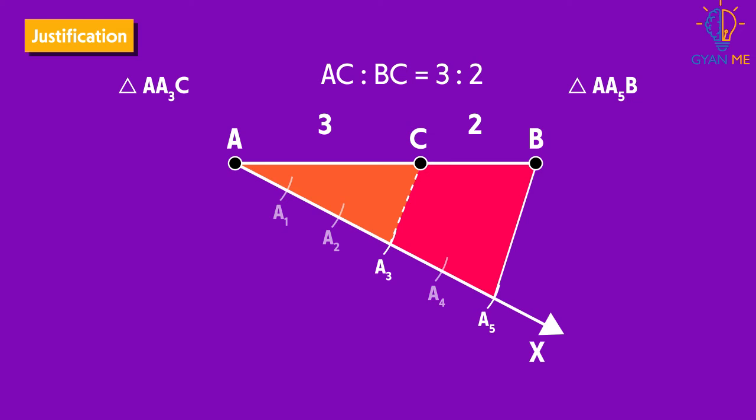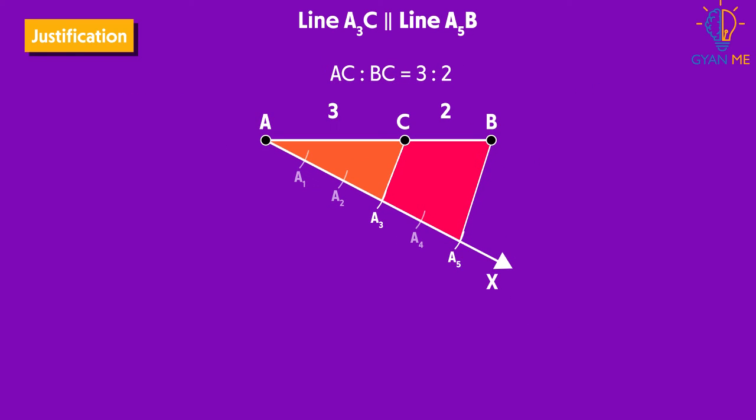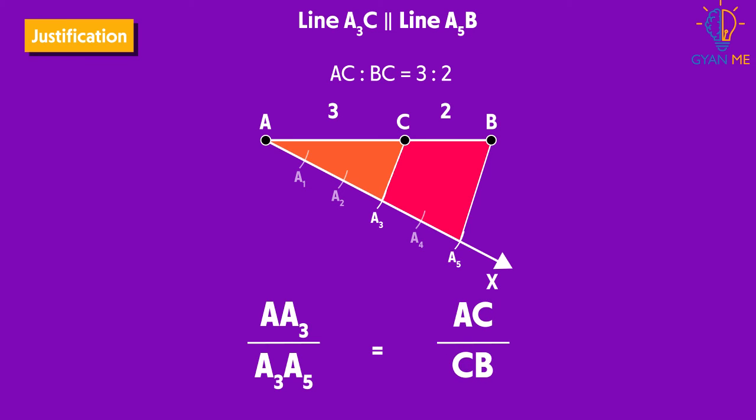Also note that A3C cuts two sides of triangle AA5B at points A3 and C. Also by construction, A3C is parallel to A5B. Therefore, AA3 upon A3A5 is equal to AC upon CB.